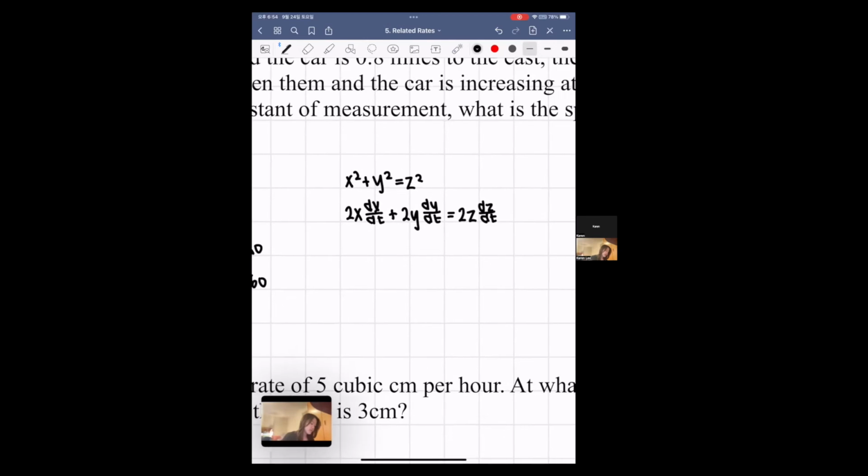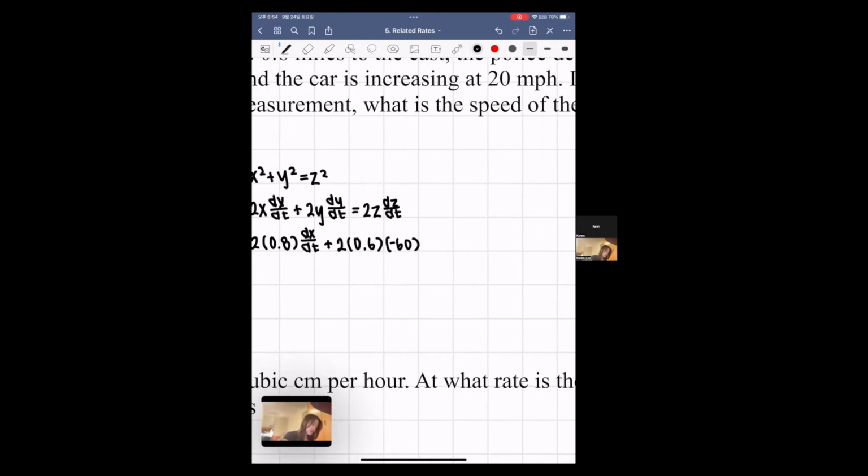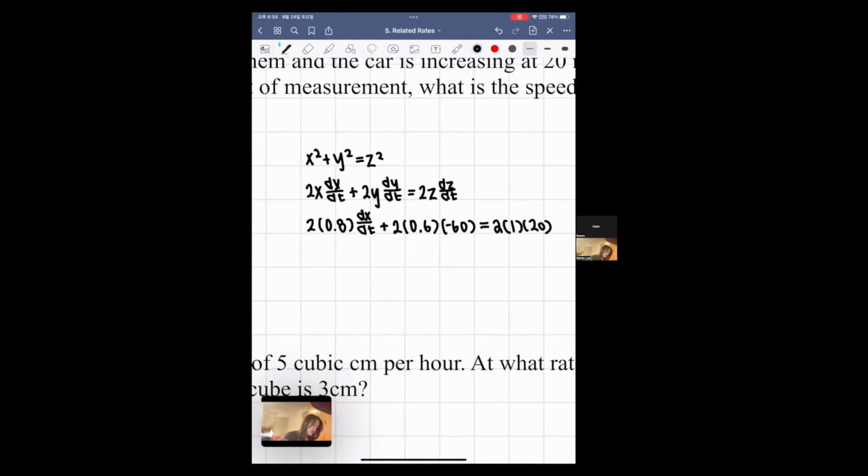So you plug those values in. 2 times 0.8 dx/dt plus 2 times 0.6 times negative 60 equals 2 times 1 times 20. So 1.6 dx/dt minus 72 is 40. This brings the answer.